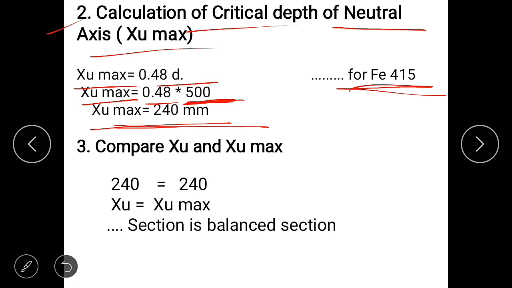Xu max is 240 and Xu is also 240. So both are the same, and the section is considered a balanced reinforced section.